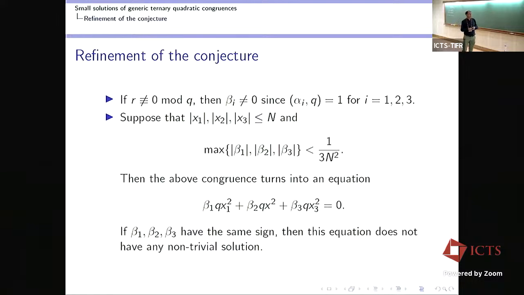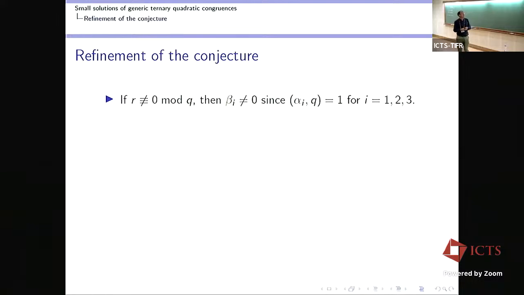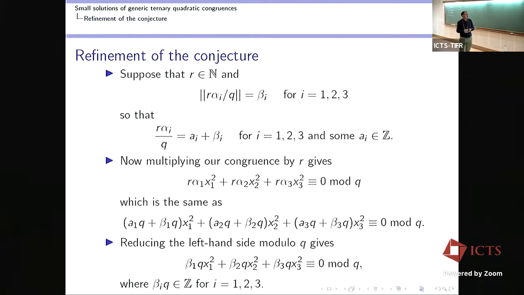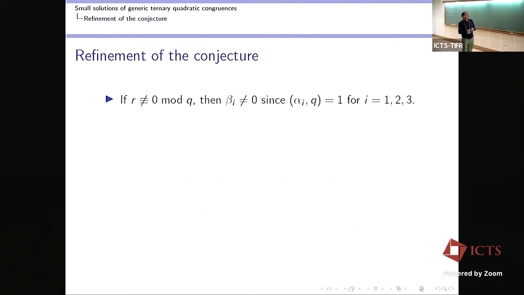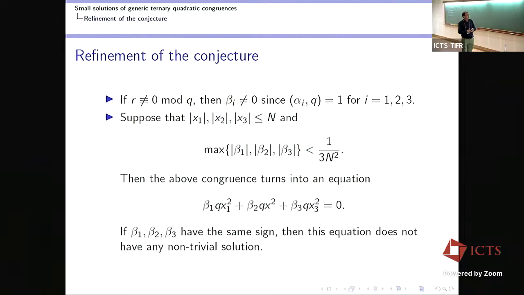So because the size of the left-hand side can never be larger than q. Okay. So then again, this does not have any non-trivial solution because we get an equation.